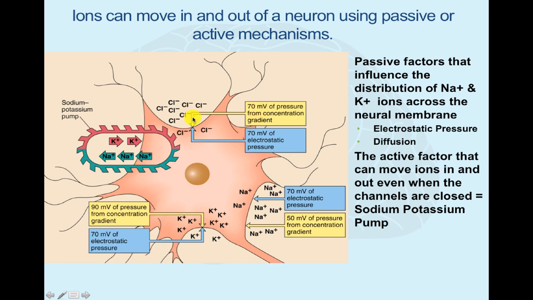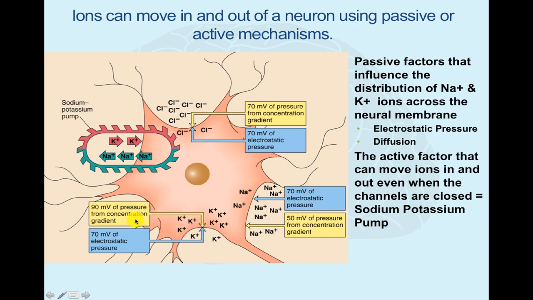The chloride is sort of at a standstill, right? The concentration wants to move from outside where there's a lot to inside where there's less, but electrostatic pressure would be happy to kick chloride out because the inside of the neuron is negative. So these two forces are doing opposite things, and so chloride's not going to really go anywhere.